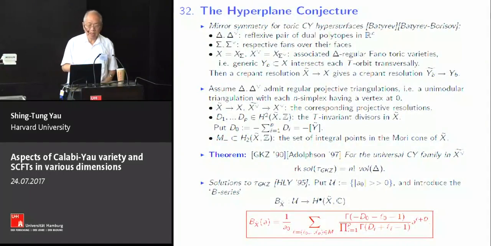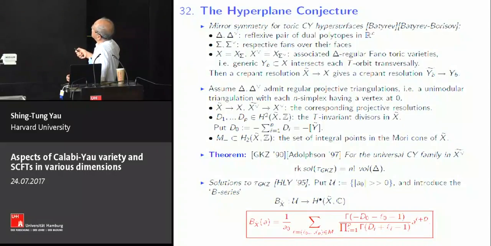Now, there's an important hyperplane conjecture related to what Candelas and other people did. This was studied by Hosono, Lian, and myself many years ago. So in the toric hypersurface, there was a construction due to Batyrev, where you take a reflexive pair of dual polytopes in R^n, and you construct a fan over them, and then you construct mirror families, mirror pairs associated to delta, sigma, and the other one.